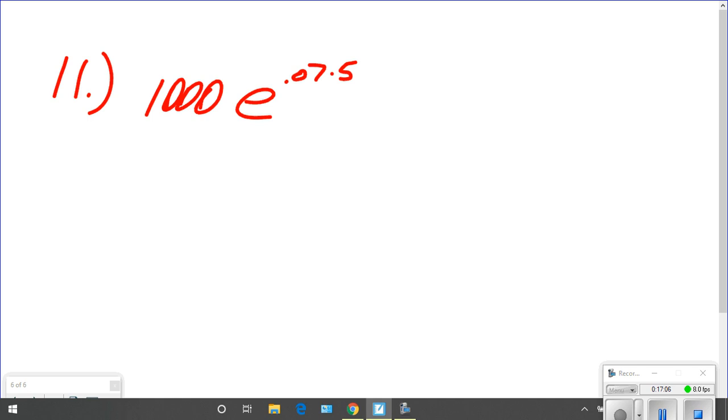Okay, so I'm going to do 0.07 times 5 is 0.35. Got it? So I'm going to do E to the 0.35 and multiply it by 1,000. And so after 5 years, that money is worth that much. 1419.07.